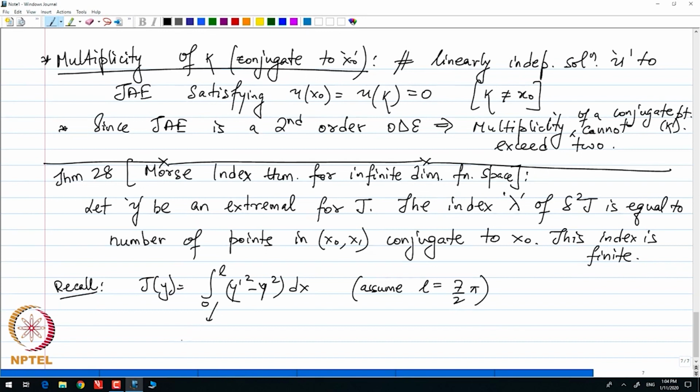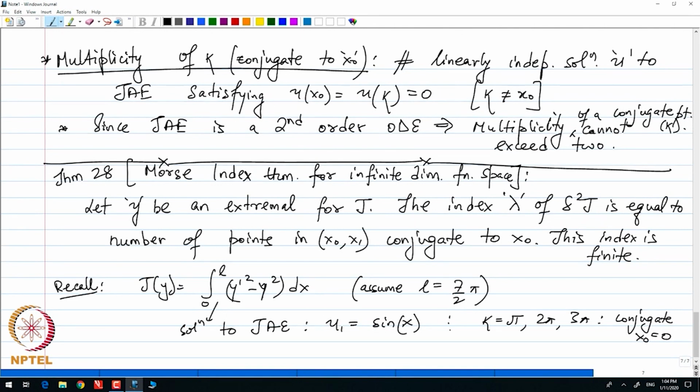Now, note that one of the solutions to the Jacobi accessory equation is u1, which is sine of x, and we saw that for this solution the points pi, 2 pi as well as 3 pi are all conjugate to the point x naught, which is 0.